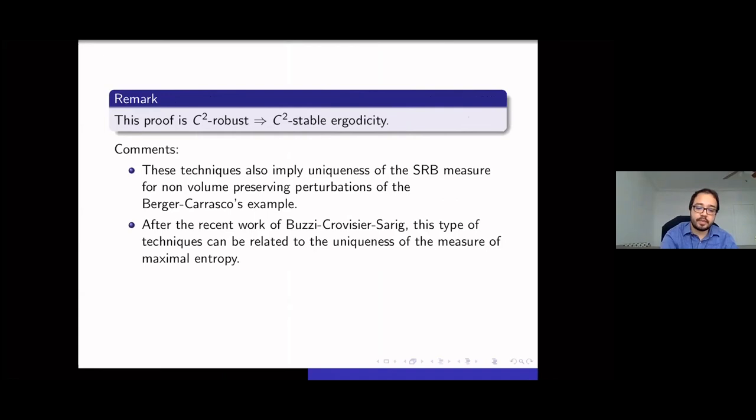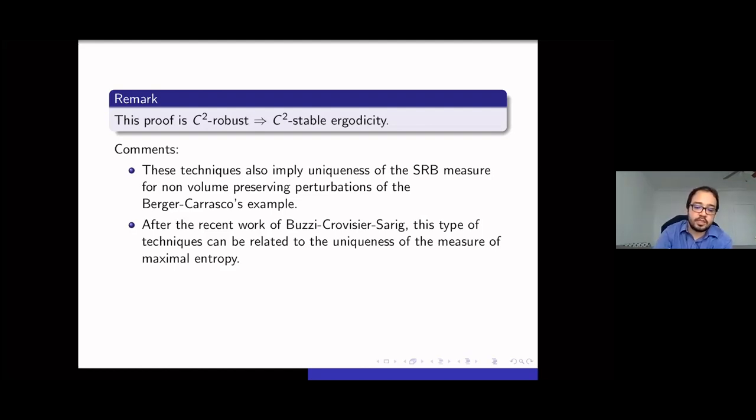Another thing is that there is a recent work of Jérôme Buzzi, Sylvain Crovisier, and Omri Sarig about measures of maximal entropy. And I like very much the criteria they state there, because for me, it's very clean that you can look at proving uniqueness of measure of maximal entropy for some systems. You can translate this by finding transverse intersections between stable and unstable manifolds.